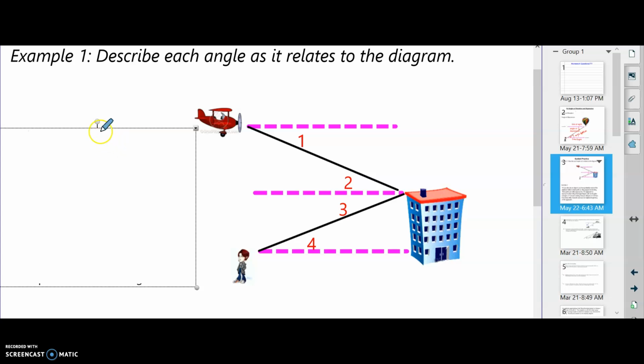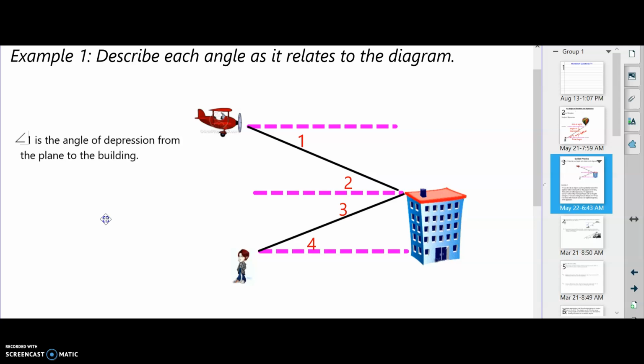And then angle 1 is looking down to the building. So angle 1 is the angle of depression from the plane to the building.